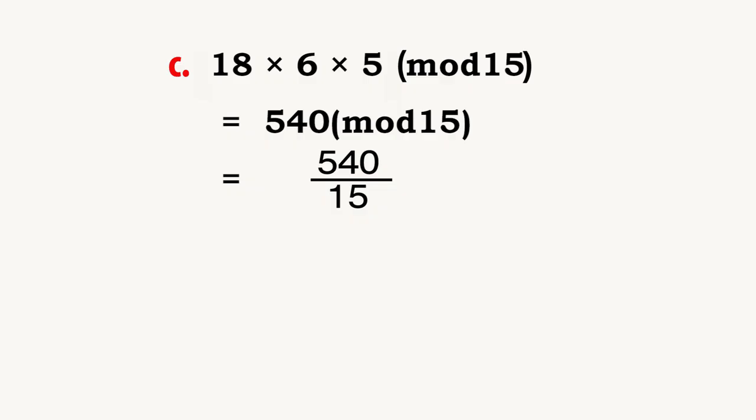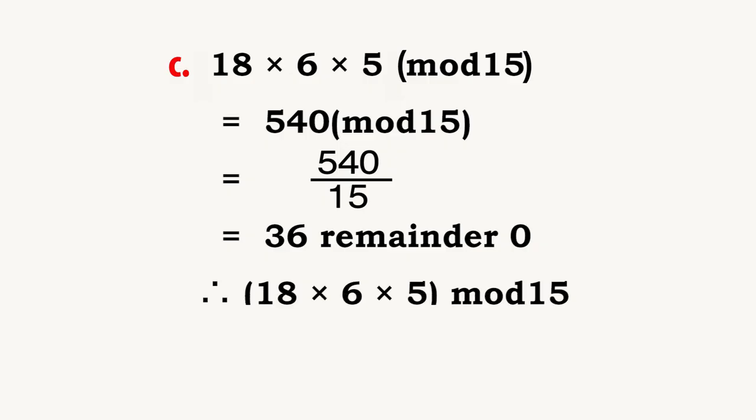We do that by dividing 540 by 15 and keeping the remainder. When we divide, we get 36 remainder 0. And therefore, 18 times 6 times 5 mod 15 is simply equal to 0 mod 15.